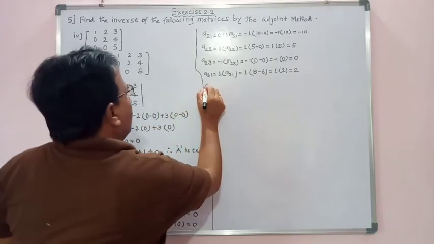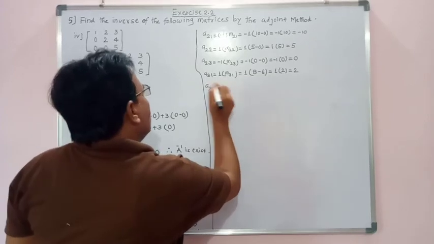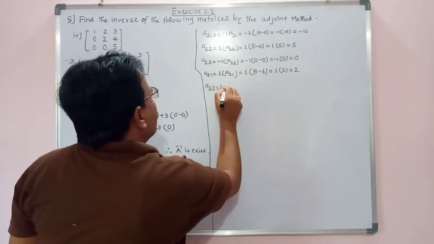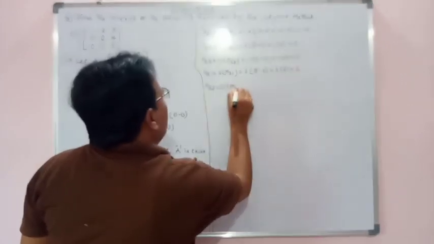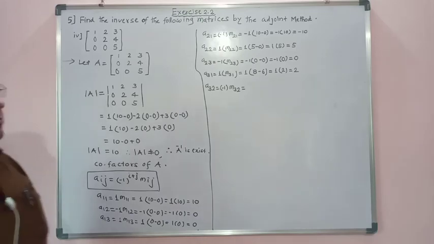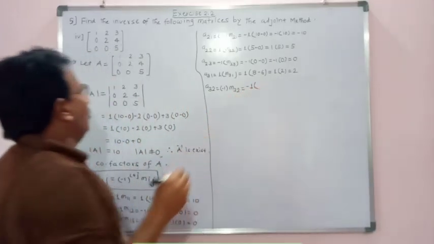And next cofactor is A32. 3 plus 2. Minus 1 raised to 5 is a minus 1 into M32. What is the value of M32?